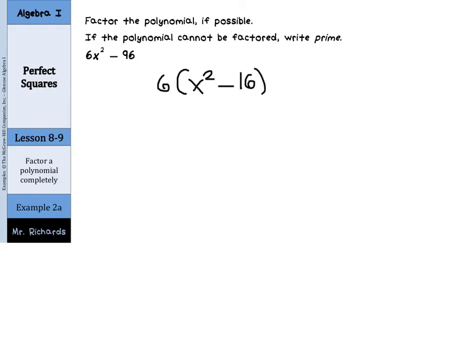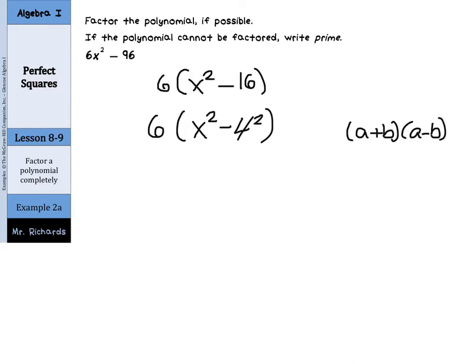And now we get to look at our x squared minus 16. Well, if you remember our difference of squares, we can take this x squared minus 16 and write this as x squared minus 4 squared. And now remember that the rule for this is a plus b times a minus b if you have a squared minus b squared.